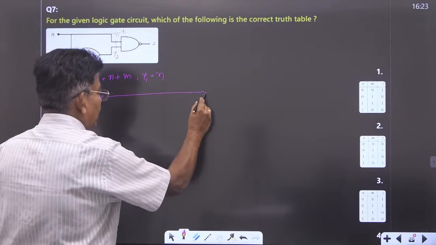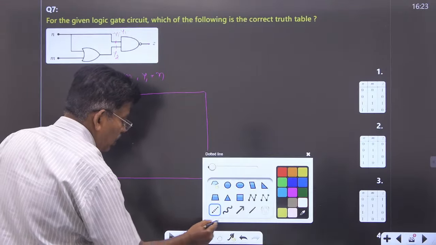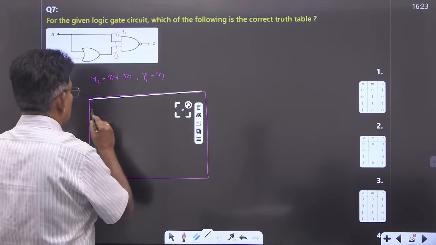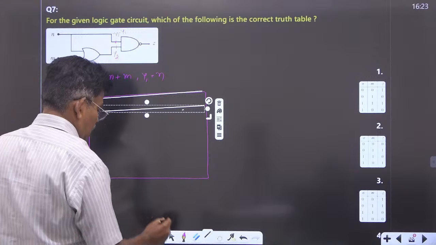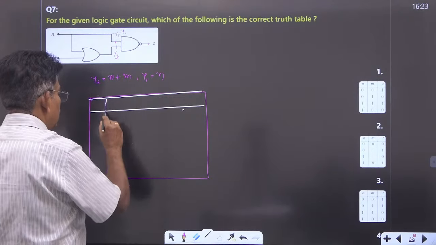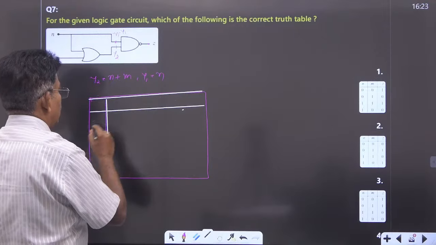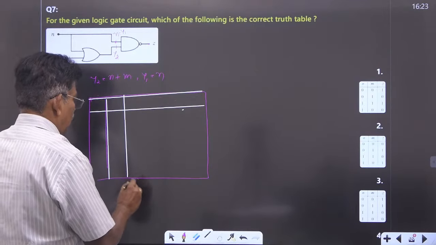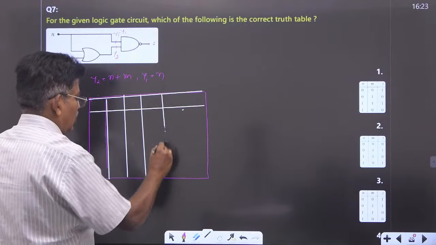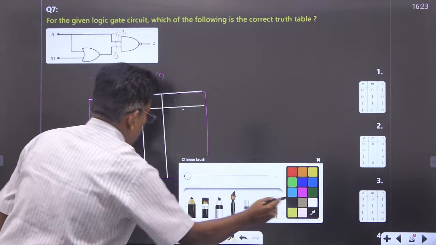That will be easy without any confusion. We can try the options given. Okay.